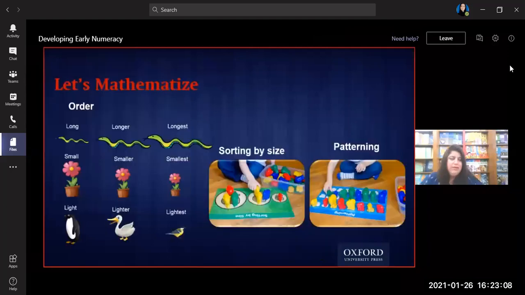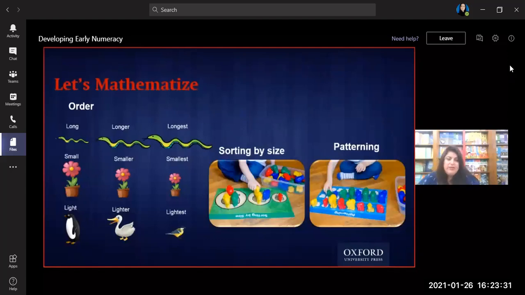We can have other interesting mathematizing activities where children are making comparisons between longer and shorter objects, and here you can see long, longer and longest, small, smaller and smallest. So they are actually making comparisons, light, lighter and lightest.